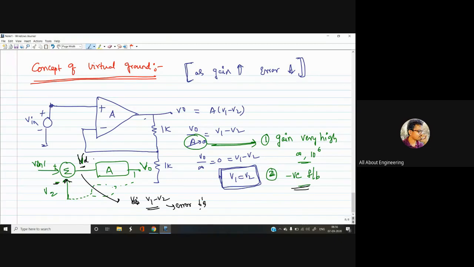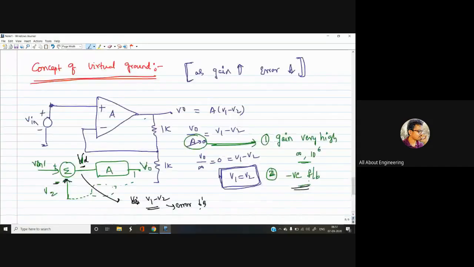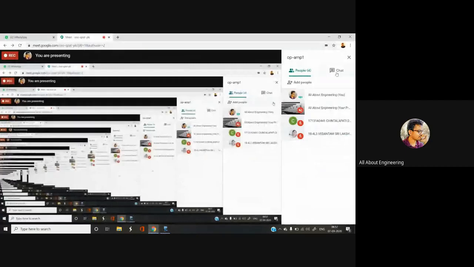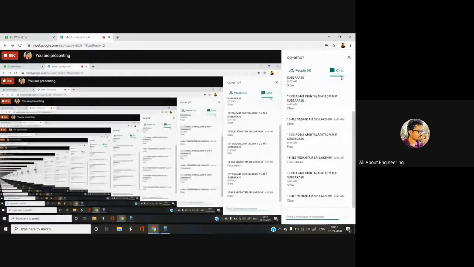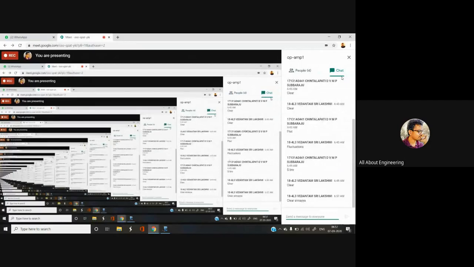This error is going to increase. There are also several applications for that, that is positive feedback networks we are going to see. But this is the importance of negative feedback, where you can apply virtual short only in the negative feedback case. So these 2 points are like thumb rules to apply the concept of virtual ground. So far clear, right? So far clear, guys?